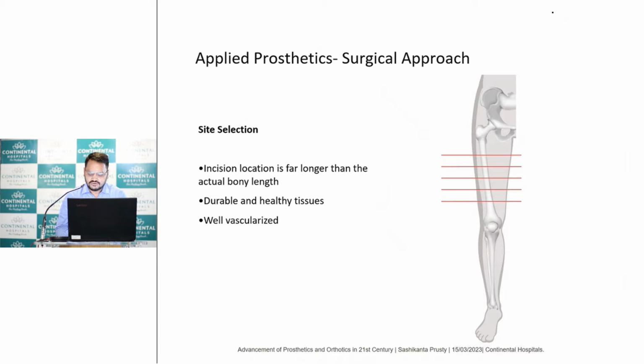If we don't have proper length, we may not be able to have a suspension structure for the prosthetic limb. So the ideal length is somewhere in between the red lines, and that is a good length where we can put a prosthesis properly. I'm talking about above knee amputation.